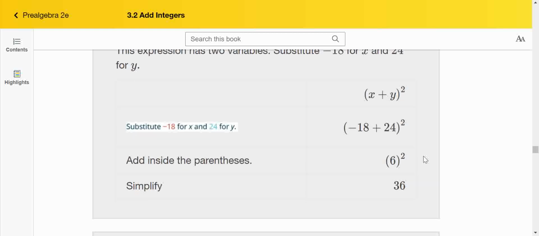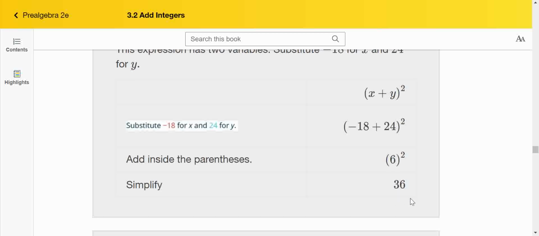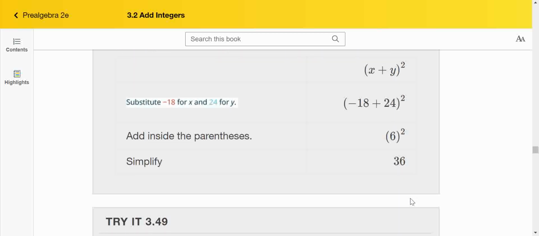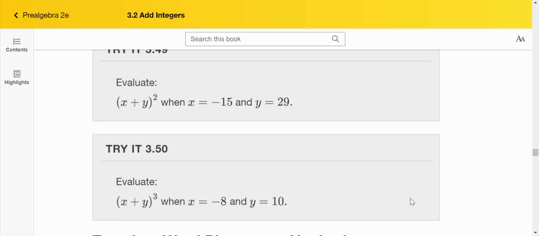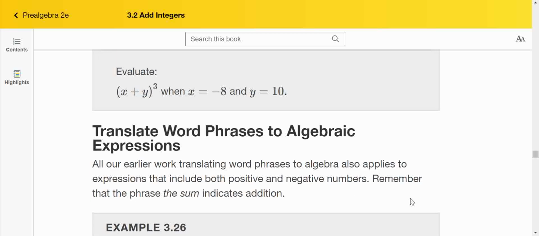Add inside the parentheses. So when you sum the inside, we get 6. Simplify that square. 6 times 6 is the interpretation of 6 squared, giving us 36. And a few try it problems.